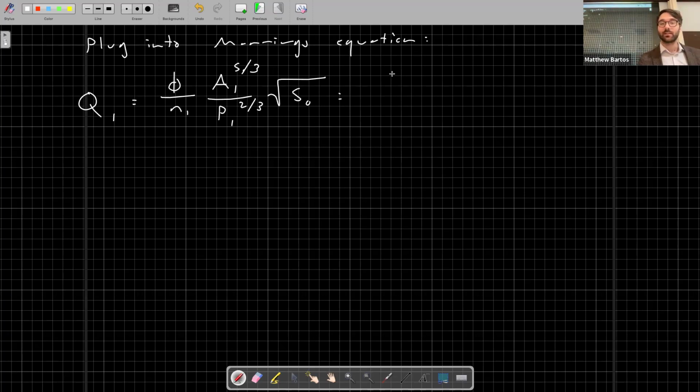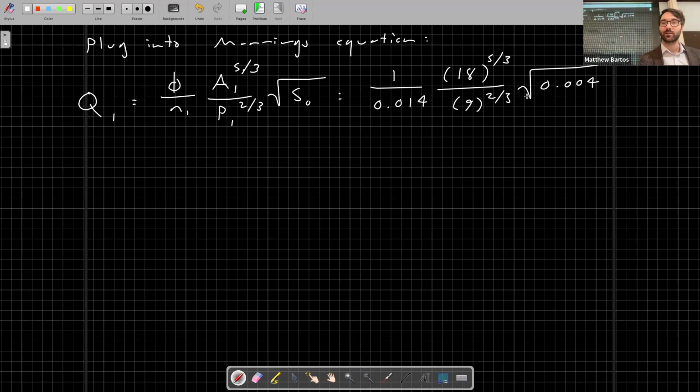We substitute in our numeric values, we get 1 over 0.014. Our area is 18 square meters. We raise that to the 5/3 divided by the perimeter, 9, raised to the 2/3, times the square root of 0.004. And if we evaluate that expression, we should get a discharge of about 129 cubic meters per second.